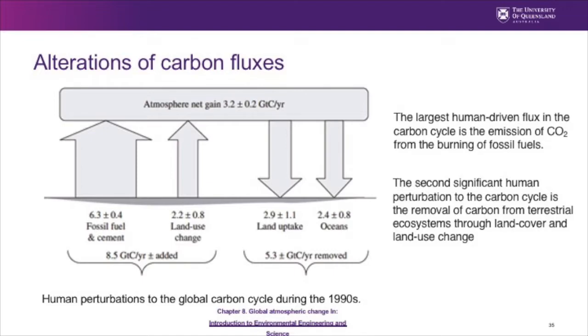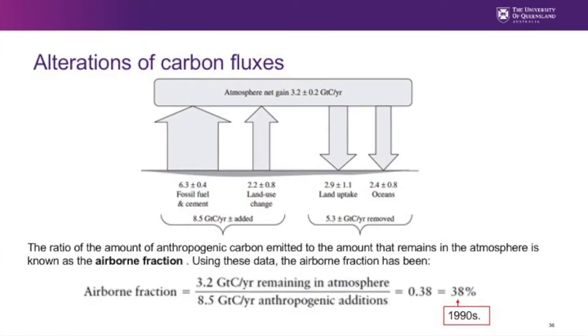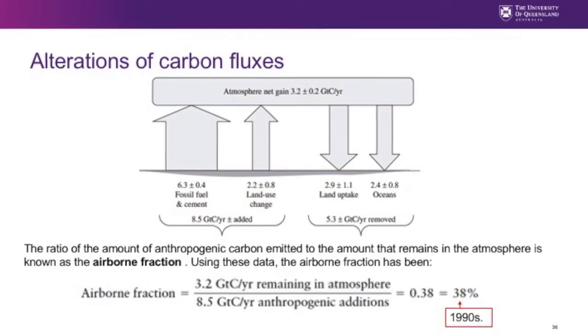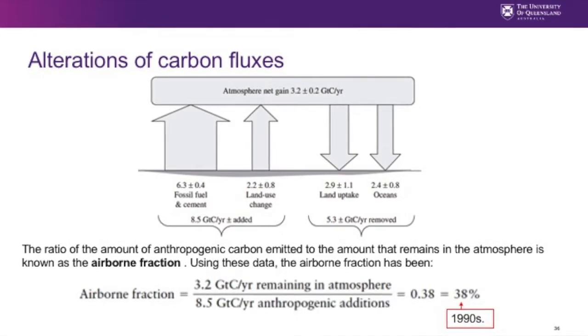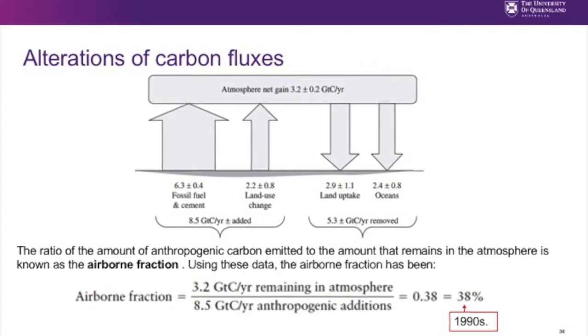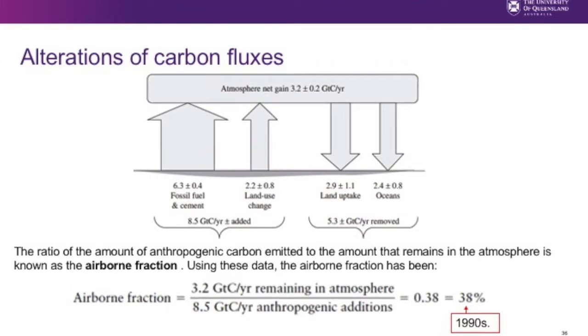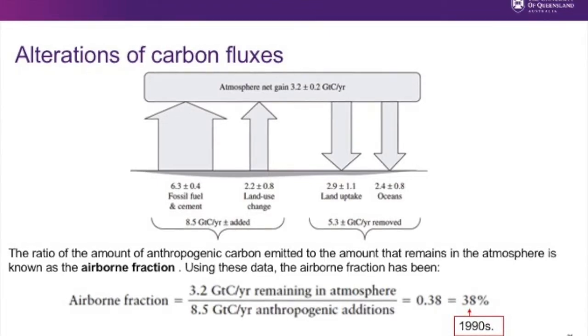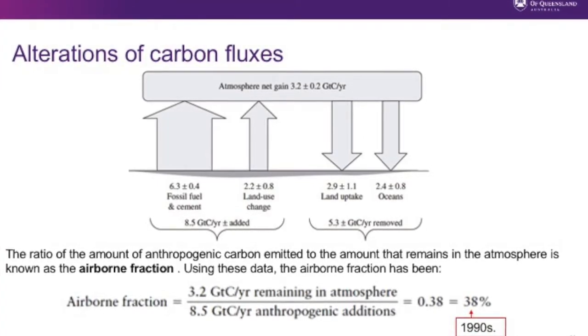What is important in this figure is that you can see that the total input is bigger than the output. So this difference can help us to estimate the total amount of carbon that is being added to the atmosphere per year. And this is called the airborne fraction, and is estimated from the ratio between the amount that is remaining in the atmosphere and the amount that is being added to the atmosphere from anthropogenic additions.